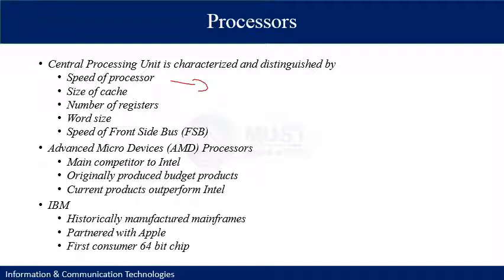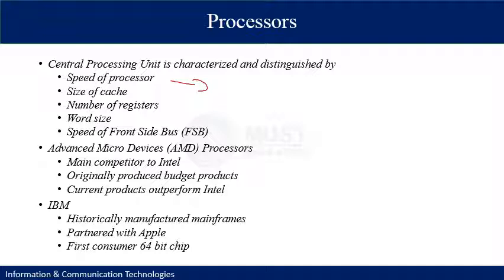Size of the cache is in KBs and MBs. If your CPU has more registers and larger registers, it will have more speed. Again, word size also has a proportional effect towards the increase of the processor's ability to perform instructions.